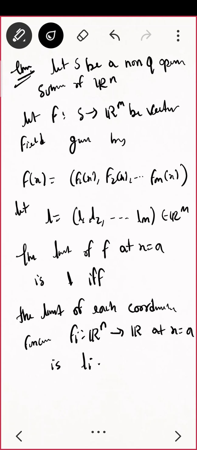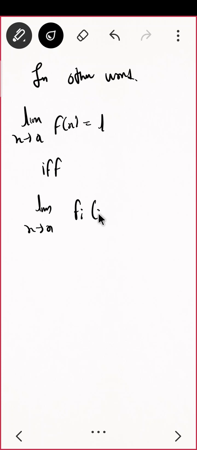So this is what you want to prove, and it is if and only if. The proof is as simple as we did before. I hope you should be able to do this. If the whole statement, if I write it in other words, just you need to write the definition properly, that's it. So I'm not going to write the proof, I'll give this as an exercise to you. If and only if limit x tending to a of fi of x.